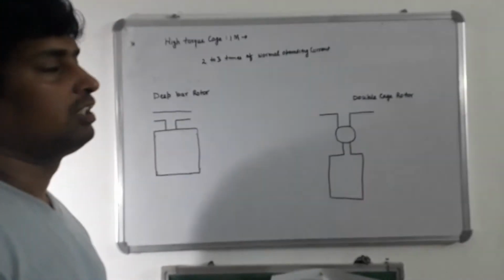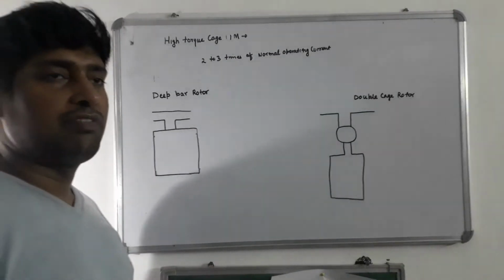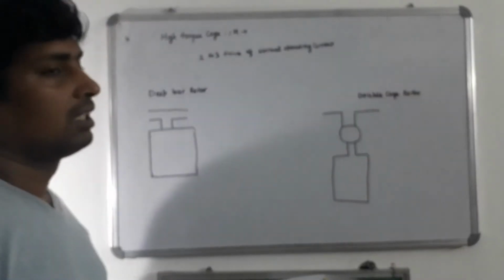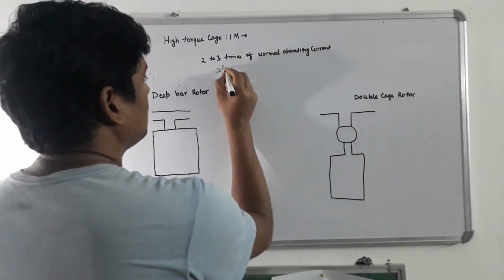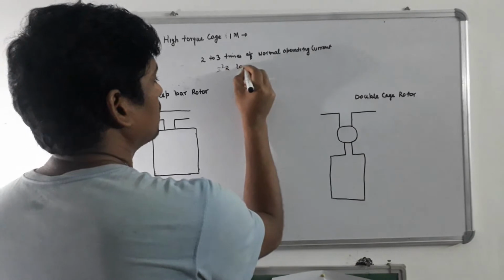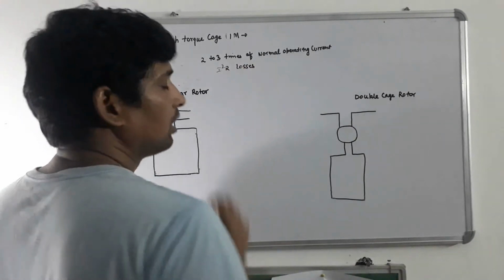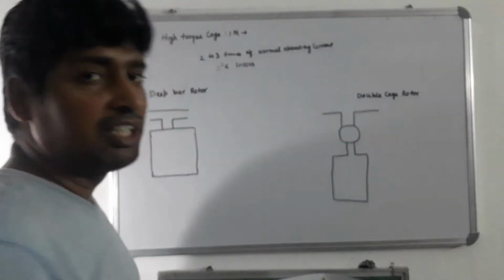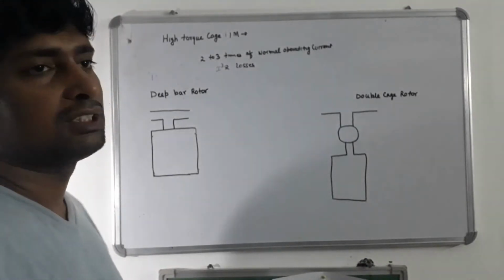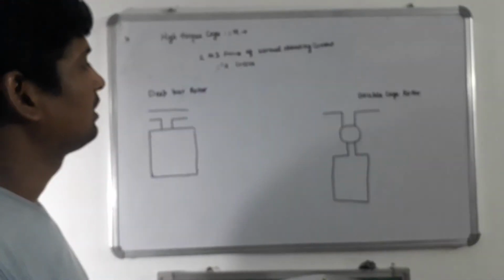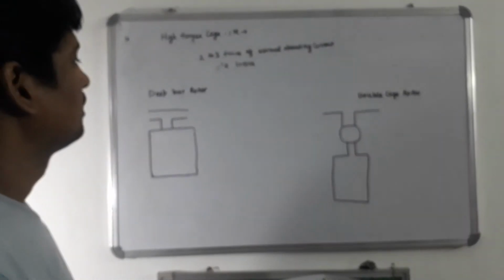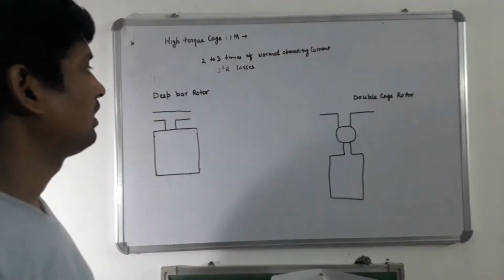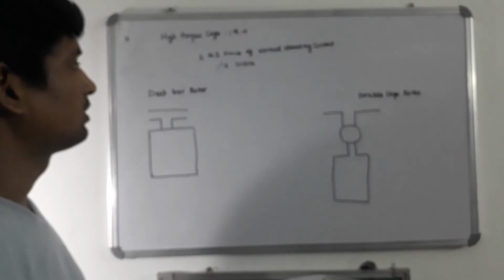If the huge current flows through the winding of the three-phase induction motor, there will be I square R losses in the stator winding, causing the winding to heat up. The winding may be damaged by this huge current and huge losses.